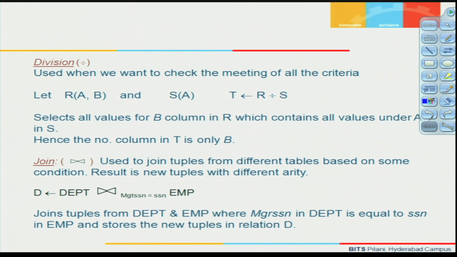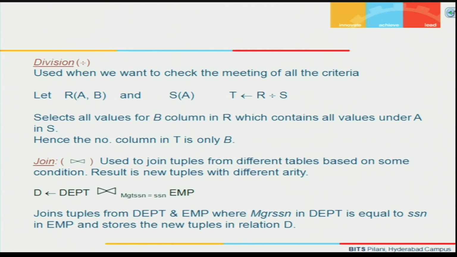Next, a very important operation is the division operator, used when we want to check the meeting of some criteria. Let R be a relation which has A and B as the attributes, and S is another relation where A is the attribute. Let us assume that the domain of attribute A in these relations is the same.